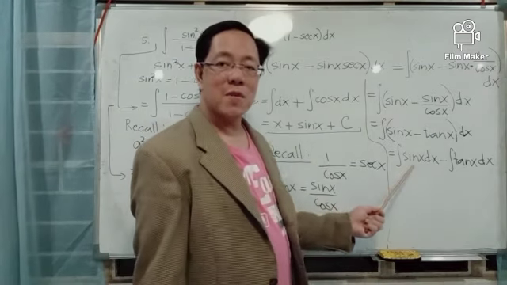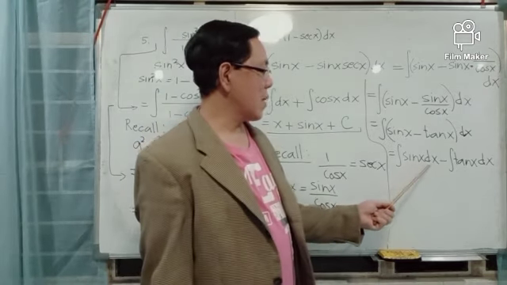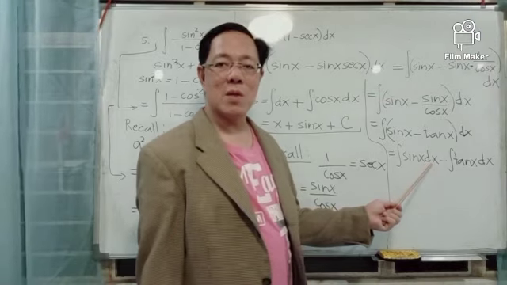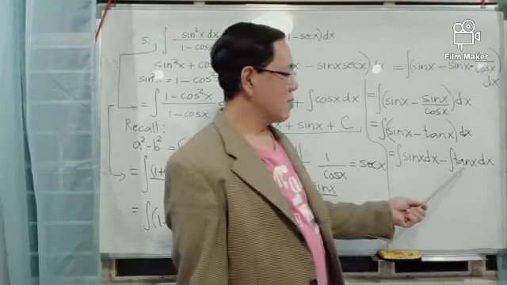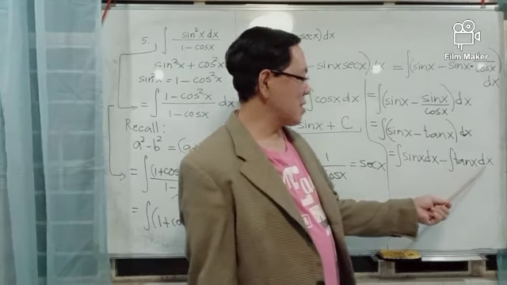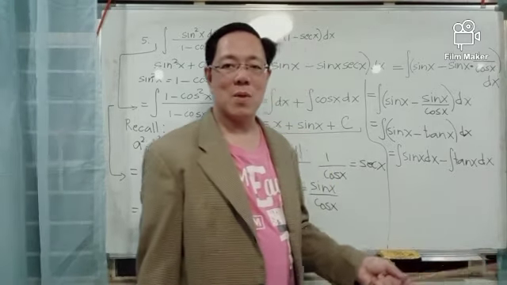Now, the integral of sine with respect to x is readily integrable using one of the integration rules, as well as the integral of tangent x with respect to x.